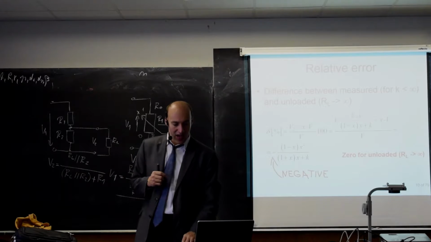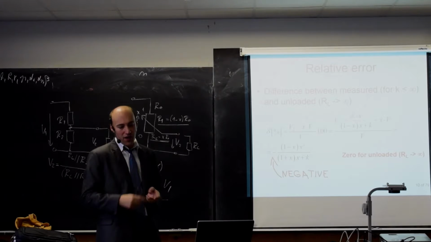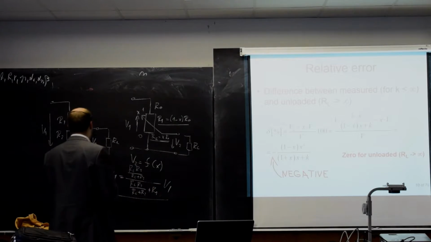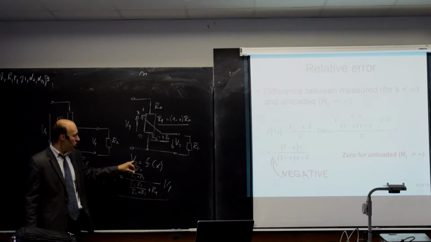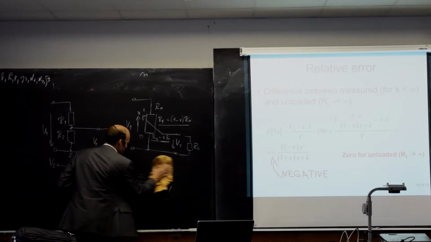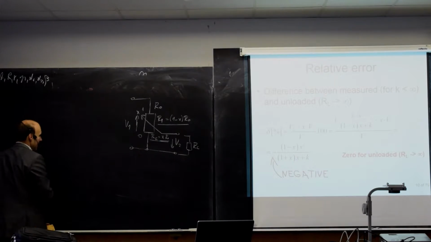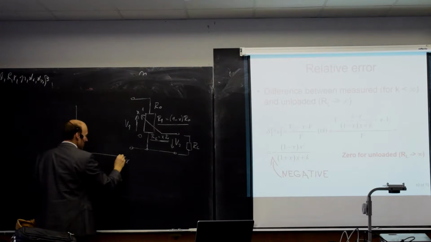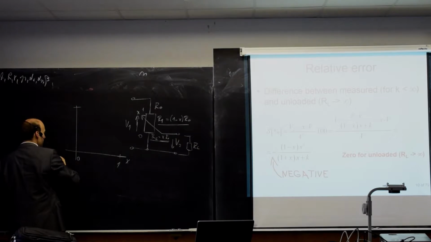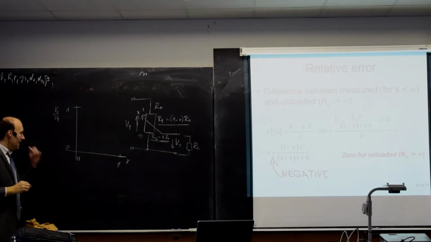How about the position of maximum relative and absolute error? If I would plot this function V2 as a function of x, we will see that for the sensor x from 0 to 1, and here from 0 to 1 will be V2 over V1.